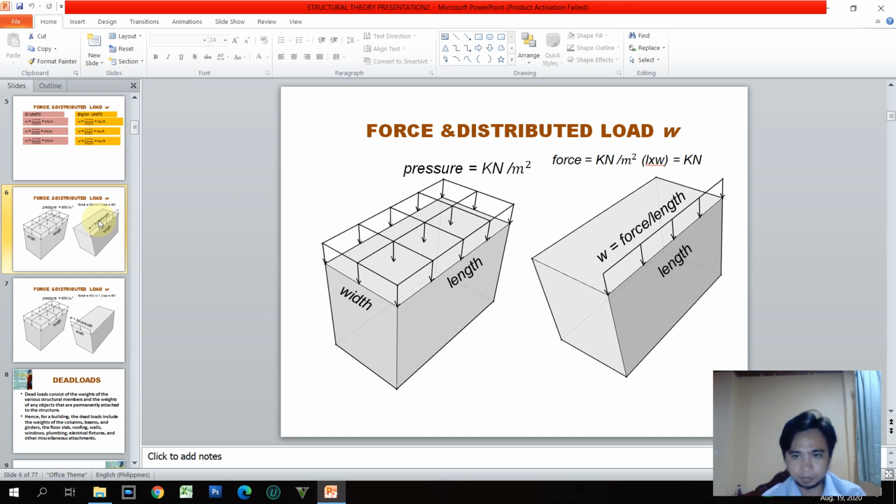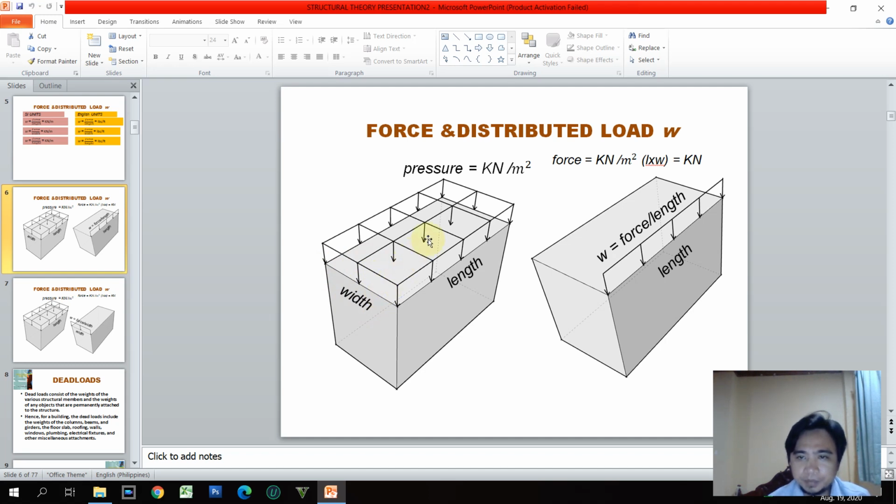So to illustrate that, if we have here a 3D structural member subjected to a pressure in terms of kilonewton per square meter, this length will have a certain area here, a portion of an area that this side would carry. Okay, so that is the distribution. And then for the width, just the same, there will be a certain area here that this horizontal surface will carry along the width.